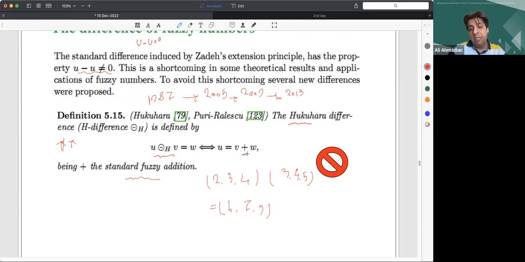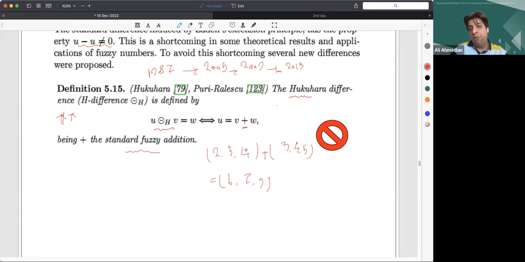This addition is the standard fuzzy addition: if we have two fuzzy numbers, the sum is obtained by adding element by element. 2 plus 3 is 5, 3 plus 4 is 7, 4 plus 5 is 9.